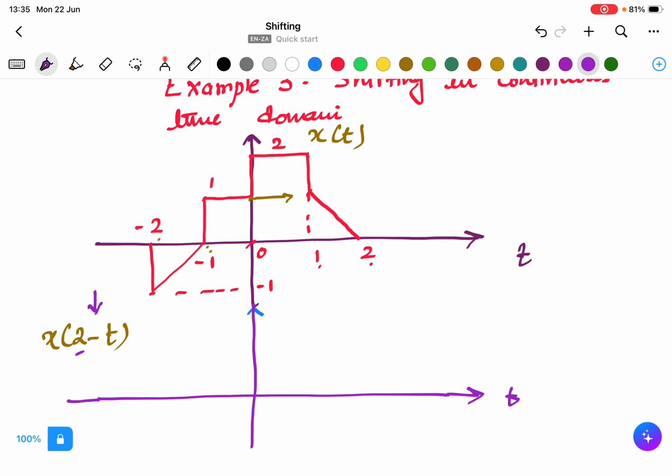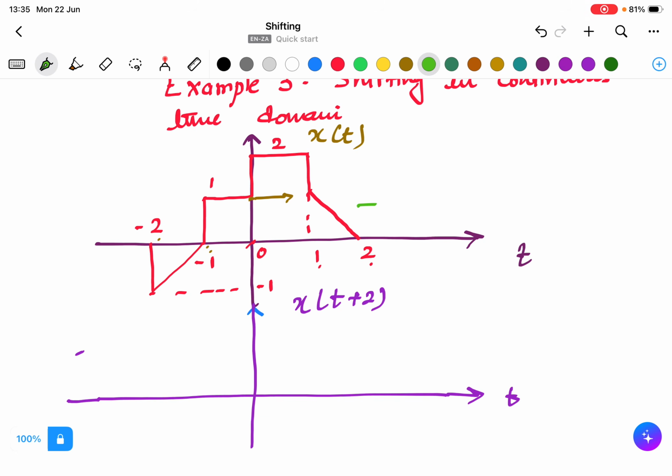So you will shift this signal by a value 2 on the left hand side or the negative side. So if I have to plot this signal, the first signal which I will plot is x of t plus 2. So x of t plus 2 means you are going to shift this signal by a value 2 on left hand side, or you can say on the negative side.